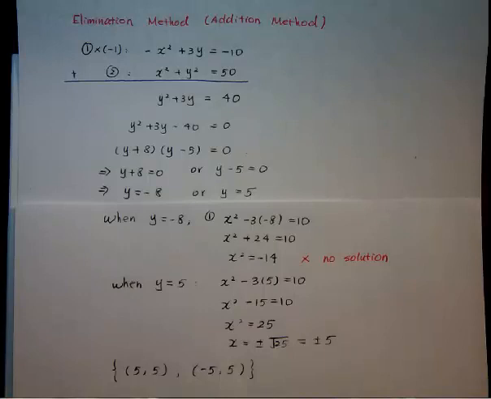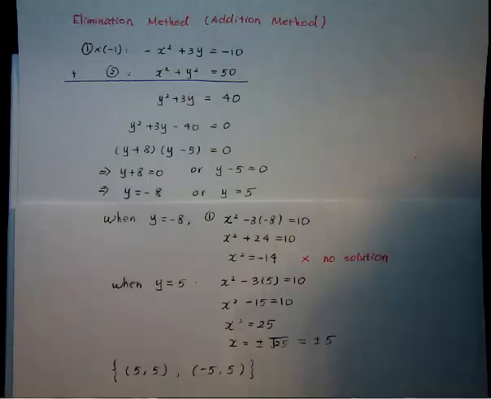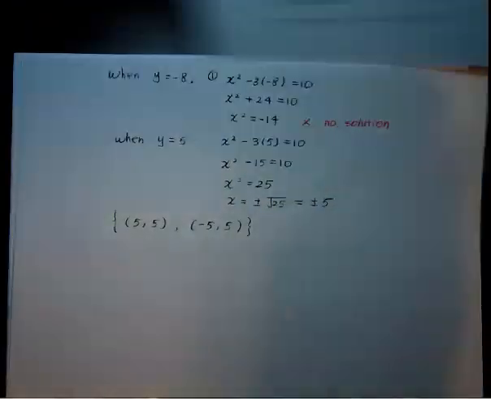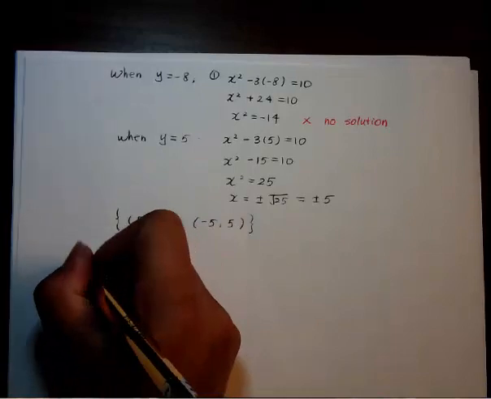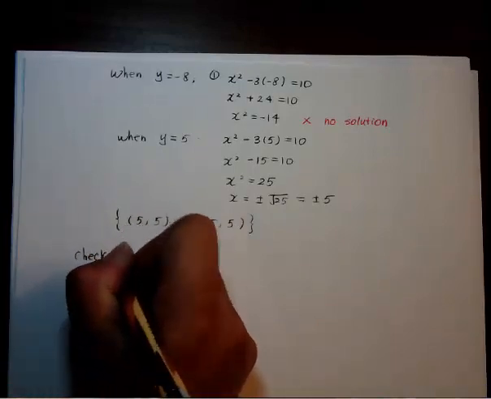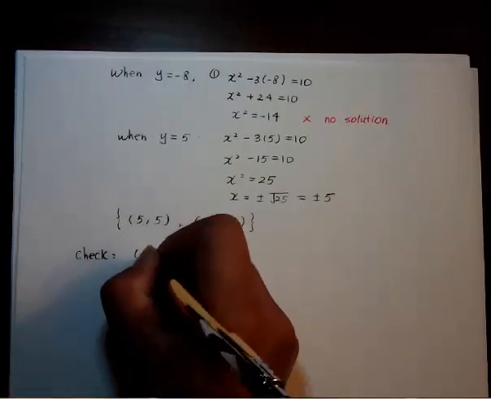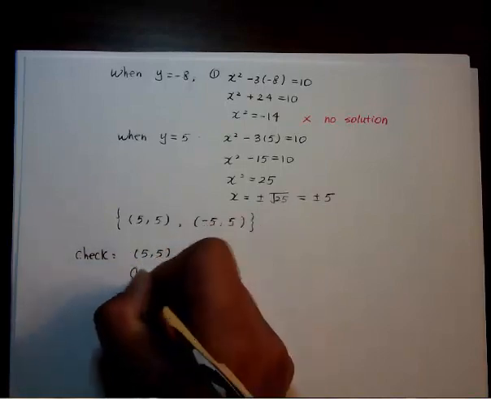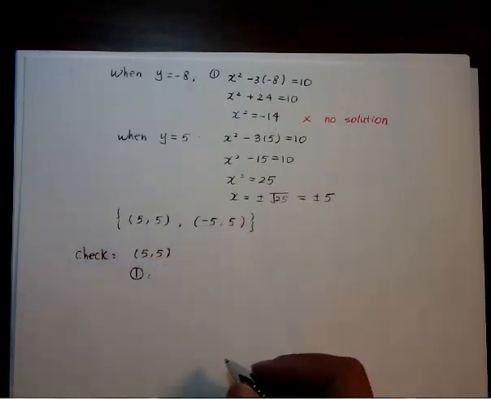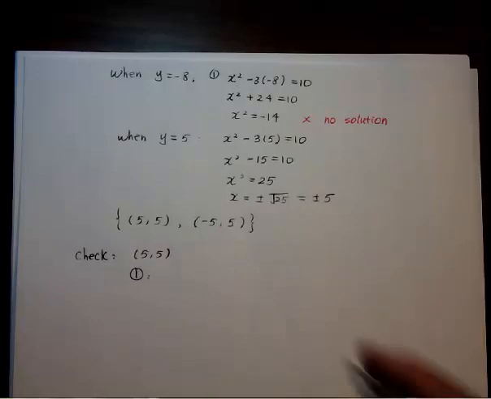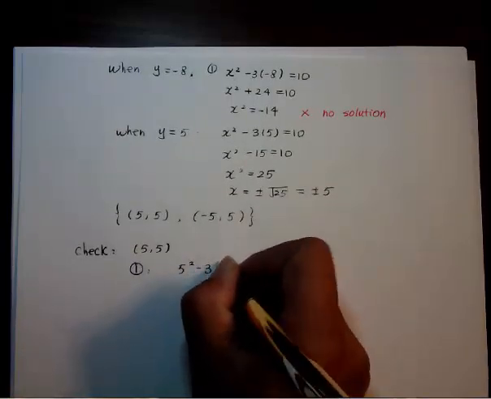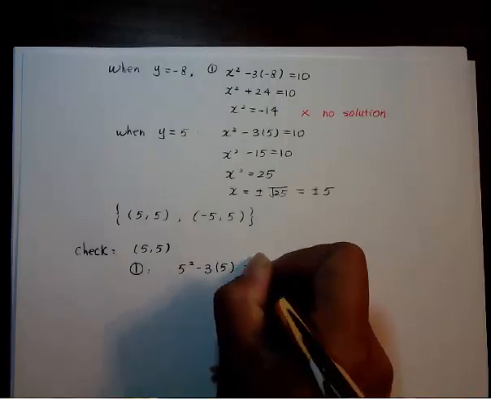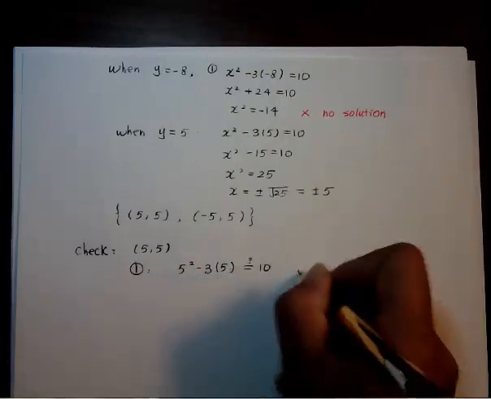Of course, we should check our solutions. If you check the solution using the original equation, right? Let's check. First, check 5, 5. The first equation, we will have x squared minus 3y. Is that equal to 10? 25 minus 15? Yes.